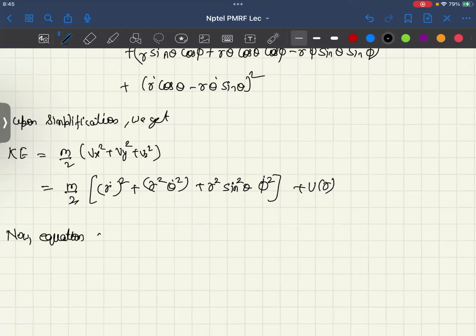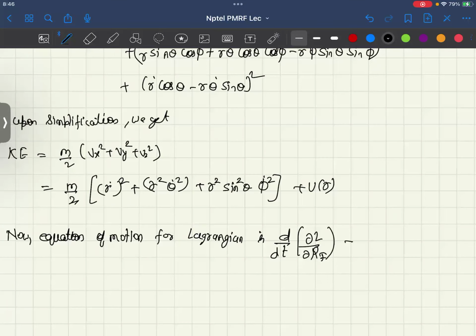Now the equation of motion for the Lagrangian is d by dt of dou L by dou q_i dot minus dou L by dou q_i is equal to 0, where q_i dot is nothing but r dot, theta dot and phi dot.